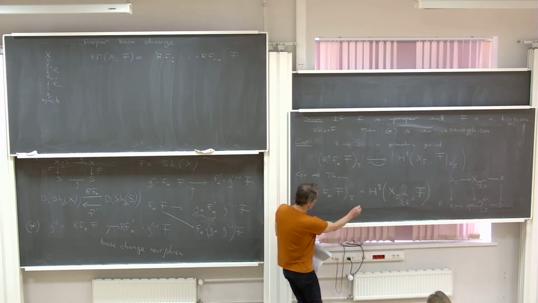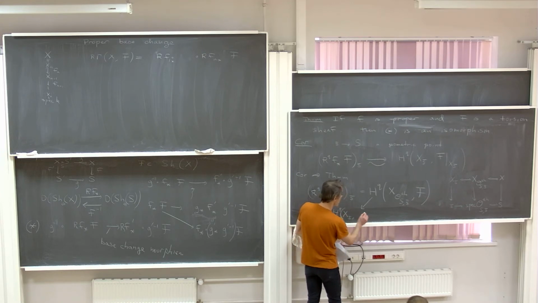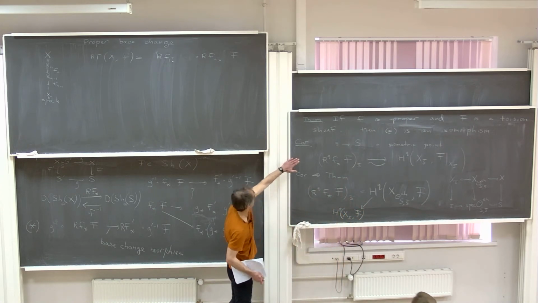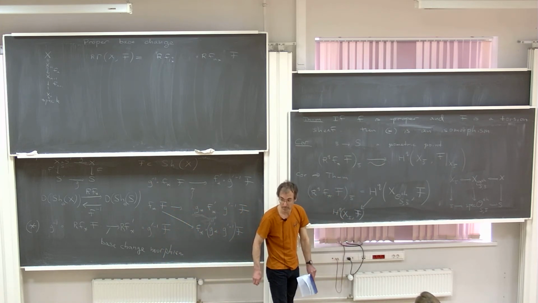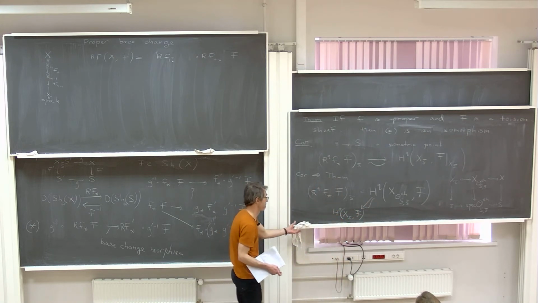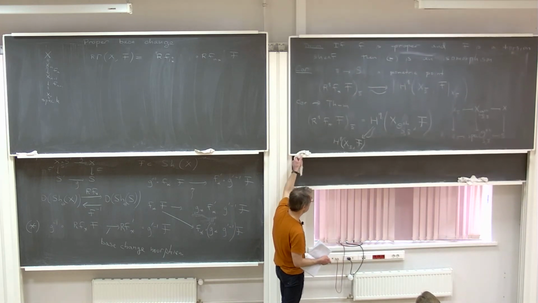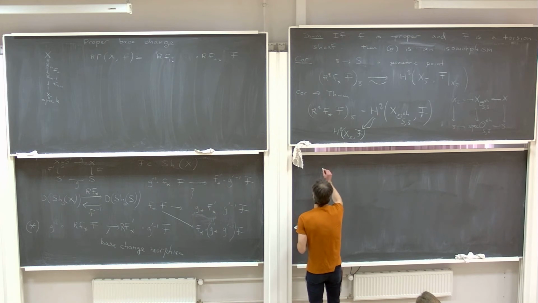And then by restriction, this group maps to homology of X_S bar with coefficients in F. And really the assertion, this corollary, which is equivalent to the theorem, is that this restriction map is an isomorphism, right? So really, the theorem is equivalent.